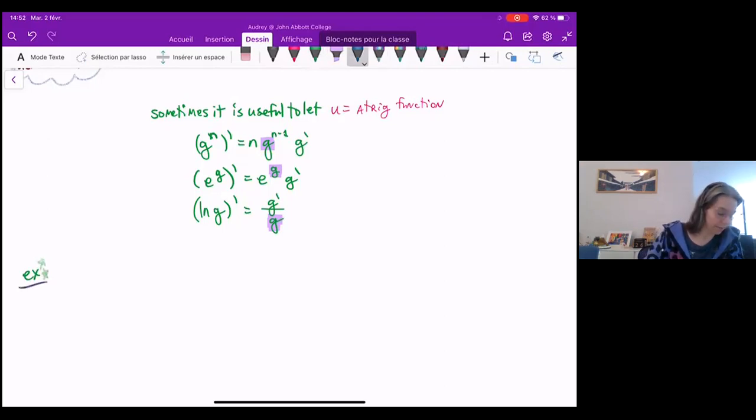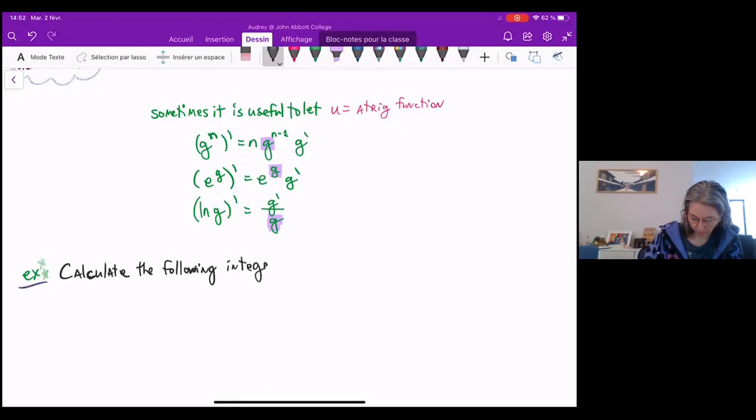So we will calculate the following integrals.